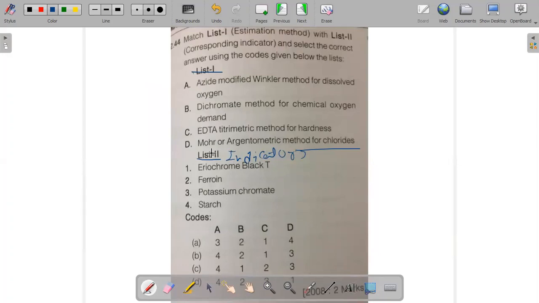If you see this, guys, you got the point that in EDTA we have the indicator eriochrome black T. So it is true that C is correct when matched with 1.